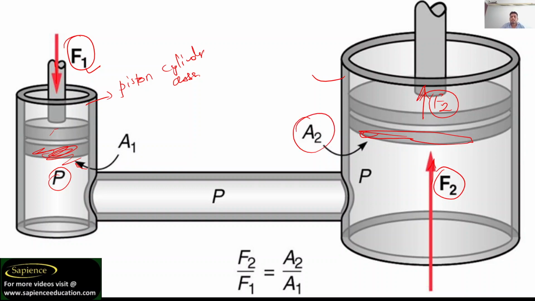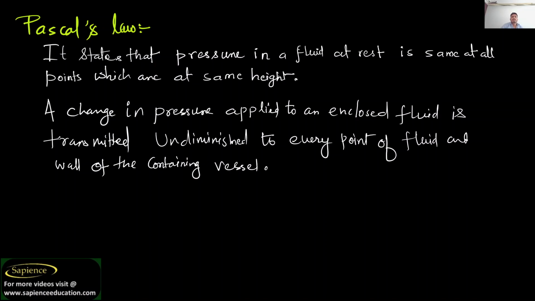To understand how this works, first look at the statement Pascal's law has given. It states that the pressure in a fluid at rest is the same at all points which are at the same height.